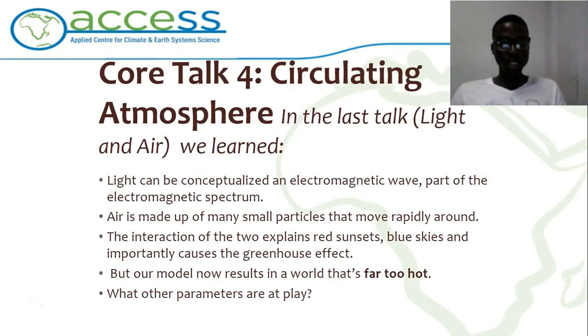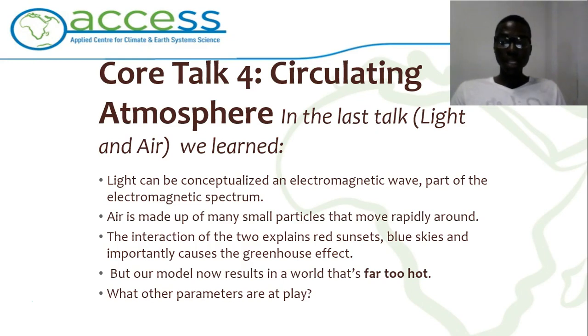Before we talk about circulating atmosphere, I would like to take you a few steps back into what we've learned so far in our last exciting talk entitled Light and Air, where we've learned that light can be conceptualized as an electromagnetic wave which forms part of the electromagnetic spectrum.